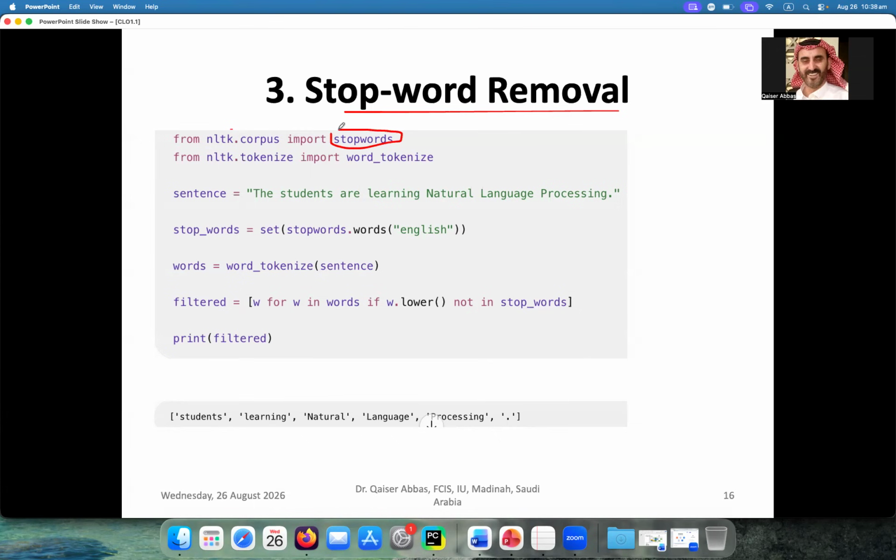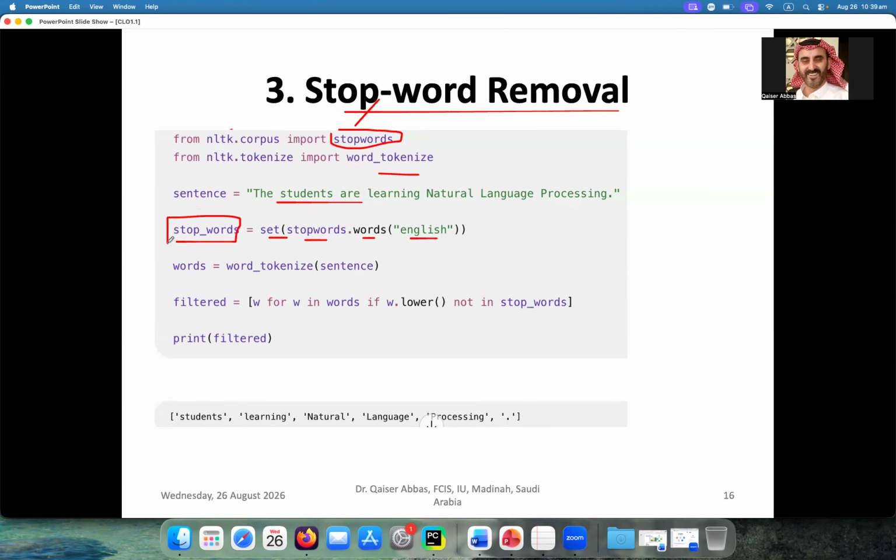From nltk.tokenize we import again the same thing. This is the sentence again. Now we are using stopwords, English, and we are setting the English stop words, and all the words are now here.